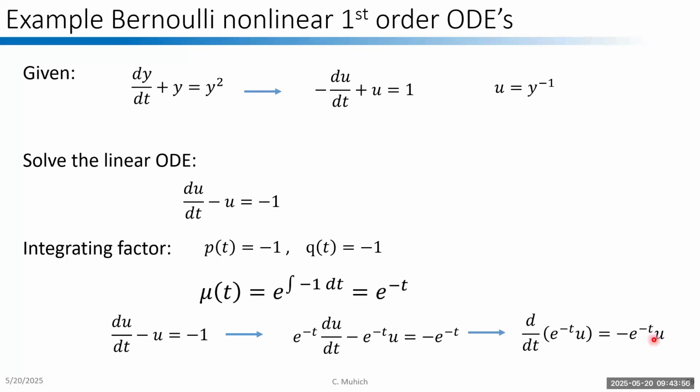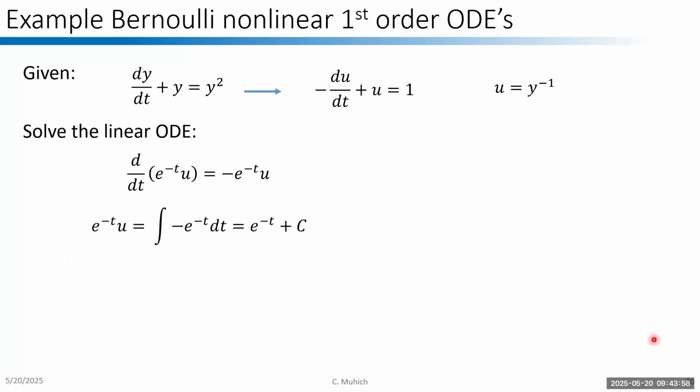I can solve this now by multiplying both sides by dt and integrating. So in the end, I get e to the minus t u is equal to the integral of minus e to the minus t dt. Once again, this is a relatively simple antiderivative that I need to take.